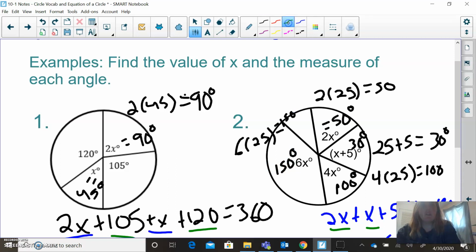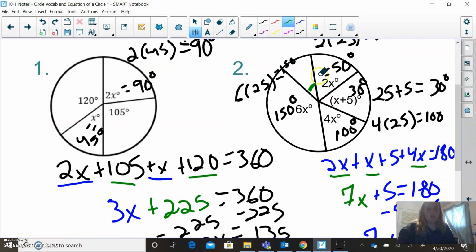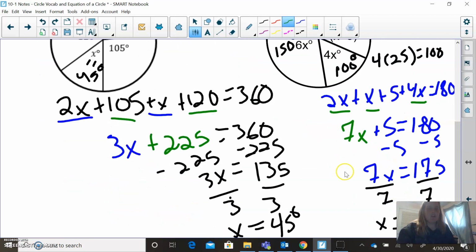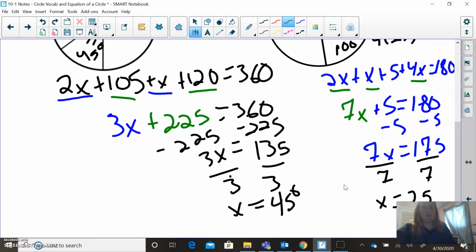But we still need to find this angle right here that I've just marked in green. So what we can do is add all the other angles together and then subtract from 360. So let's take the 50, the 30, and the 100, and I'm going to come down here and add it together.